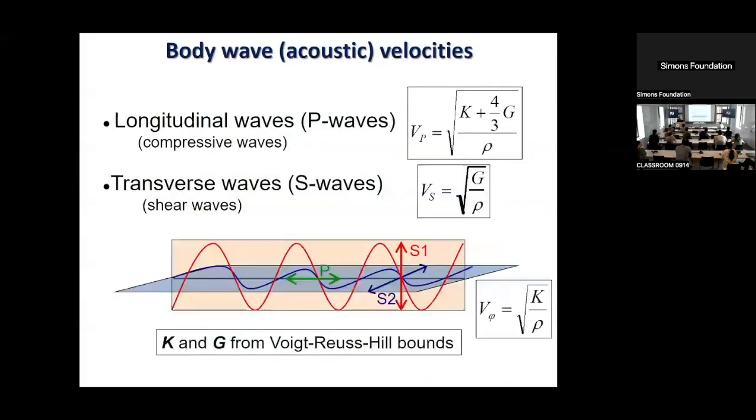So these are the velocities. For this type of interpretation, we start by assuming that the Earth is isotropic pointwise, and the velocities, compressive and shear waves, are related to the elastic moduli of the isotropic medium, that is the bulk modulus K and shear modulus G. So this is the compressional velocity, the shear velocity, and this is the bulk velocity, which is easier to analyze.